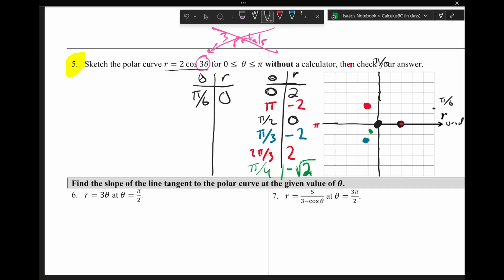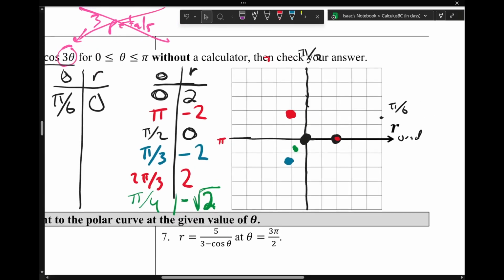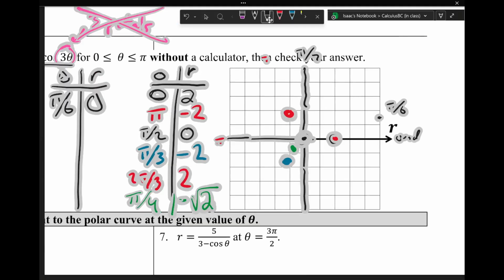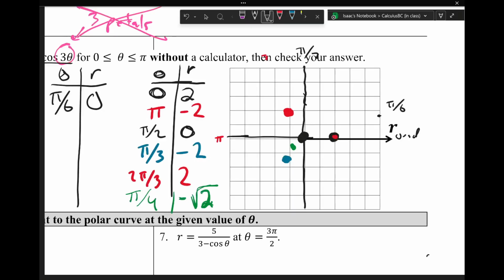The reason this is helpful is because look, at 0 it's 2, and then at pi over 6, if we put these in order, it's a little easier to see. The angle that we have done closest to 0 is pi over 6. So what's happening is when theta is 0, it's at 2, and when theta is pi over 6, it's at 0.